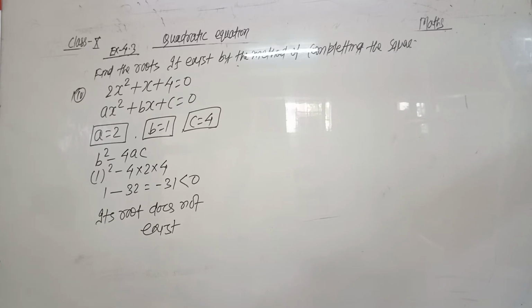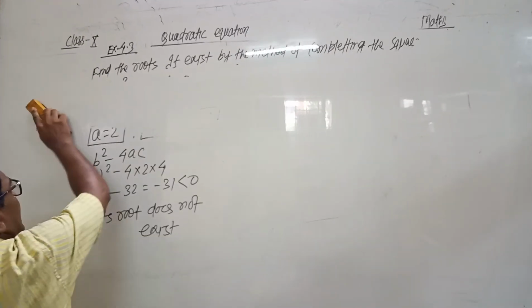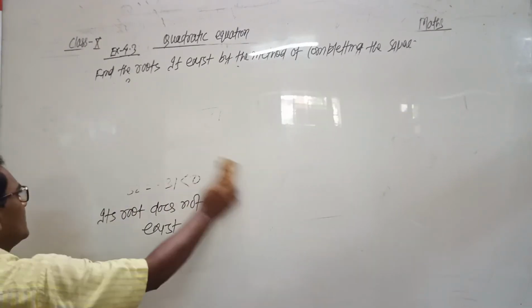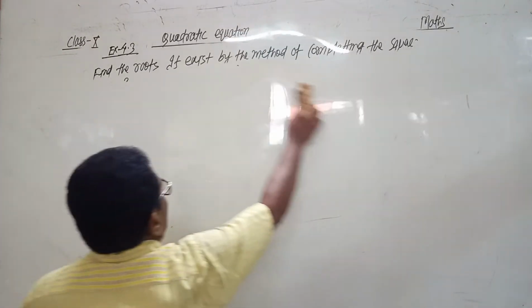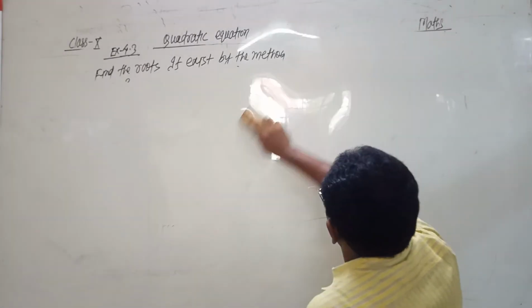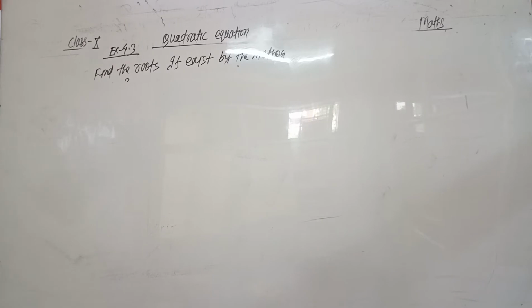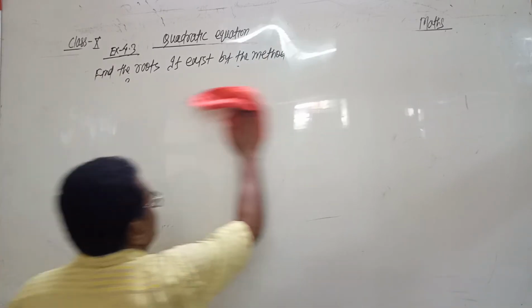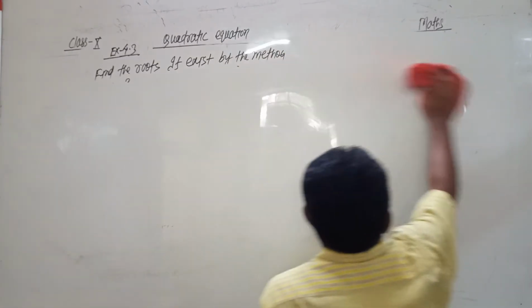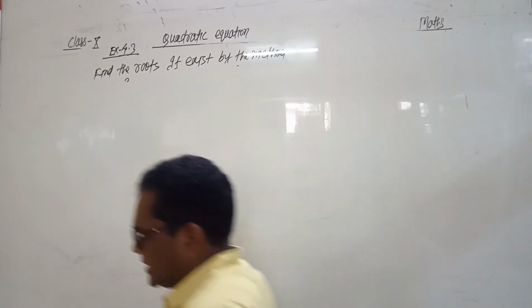Now the second question. Find the roots of the quadratic equation by applying the quadratic formula. So quadratic formula means x equals to minus b plus minus root over b square minus 4ac upon 2a.